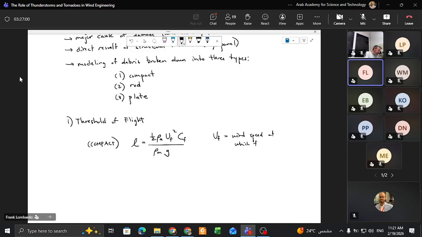For example, in a previous example, you could estimate the wind speed at which flight occurs. You could say in your Monte Carlo simulation, 40 meters per second. We get debris, we get a failure, so that's our threshold speed for that particular case. And then you move on to the debris part of the model. Then rho_m is the density of the object that you're considering, rho_a is the air density, and C_F is the force coefficient of your debris. Just write that down.